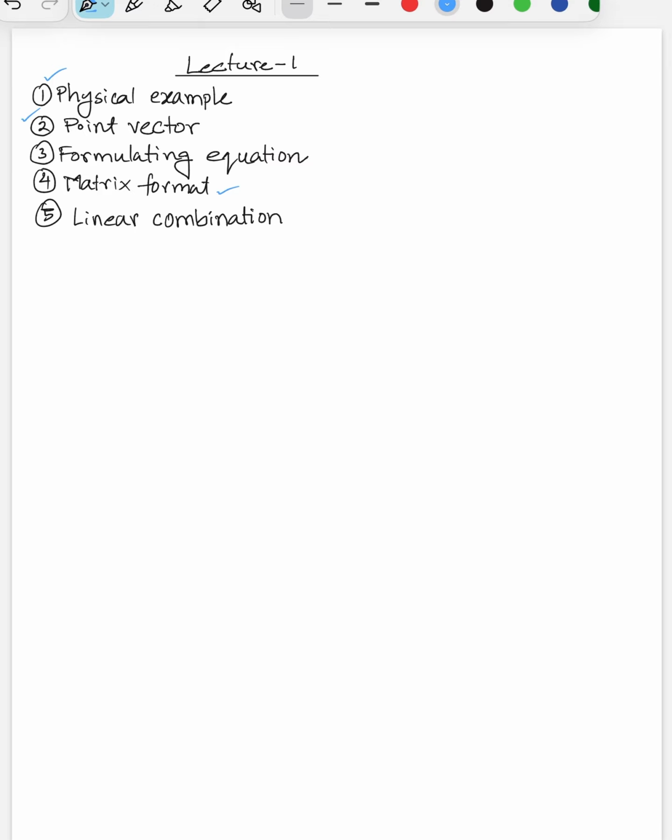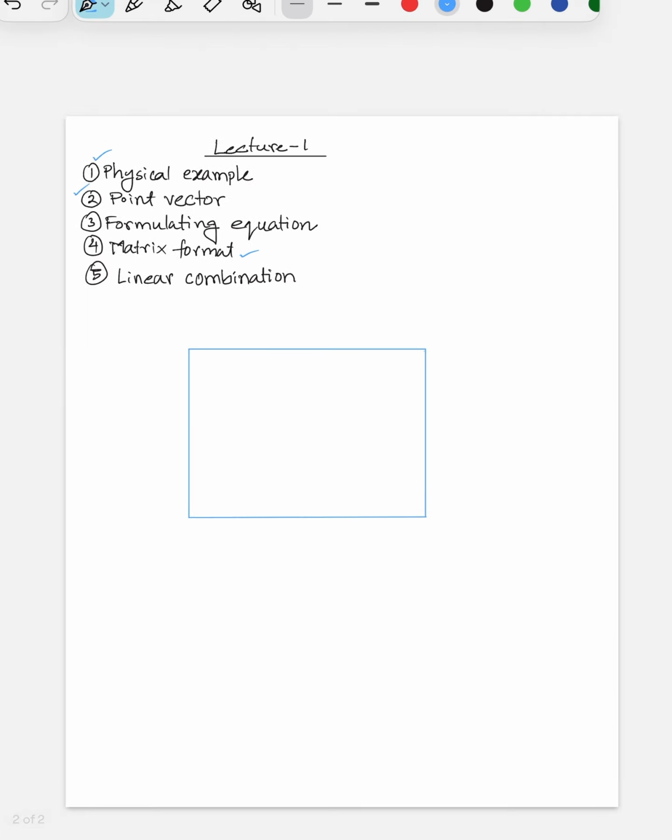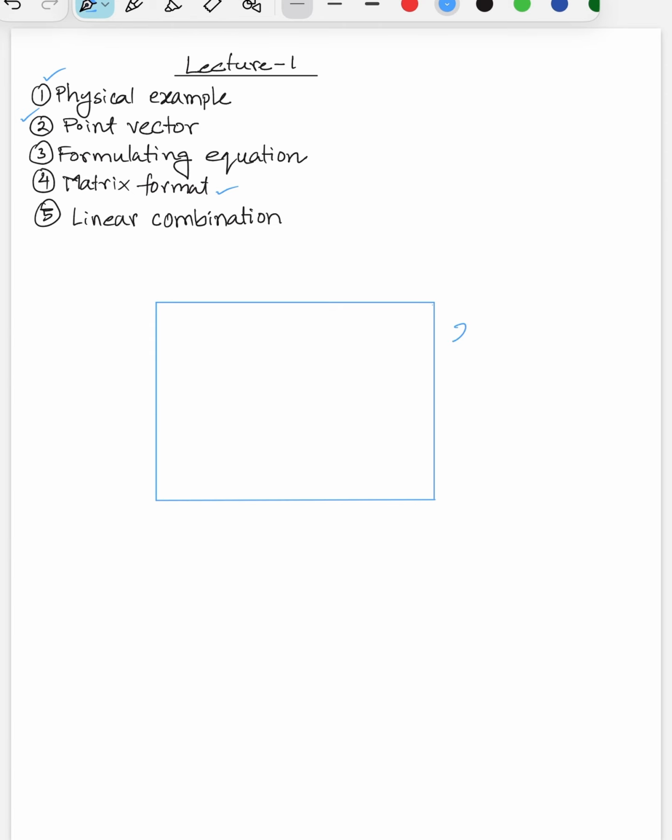So first, let's draw something like that. So we have this, for example, this. So we have something like that. That is a 2D space, two-dimensional space basically. And here it's a board.